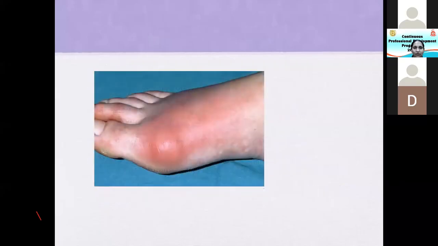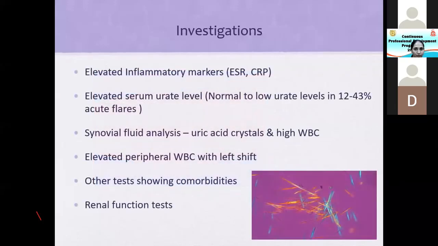So this is an inflamed first metatarsophalangeal joint in gout. As I told you earlier, in the investigations, there'll be very elevated inflammatory markers. The uric acid level can be elevated, but keep in mind that this could be normal as well.